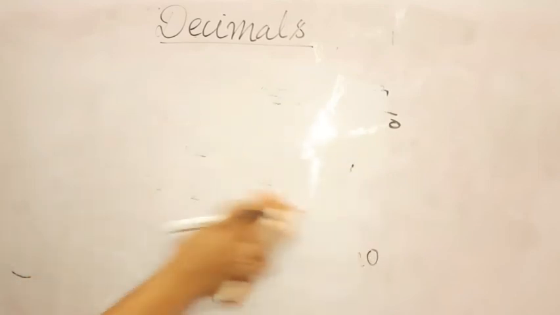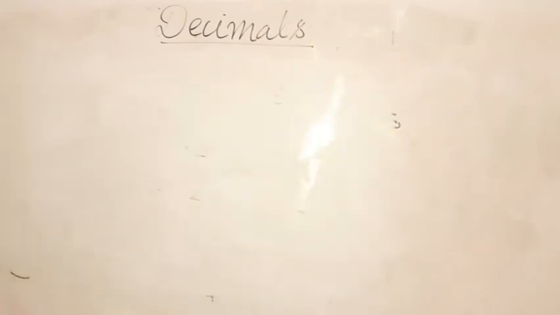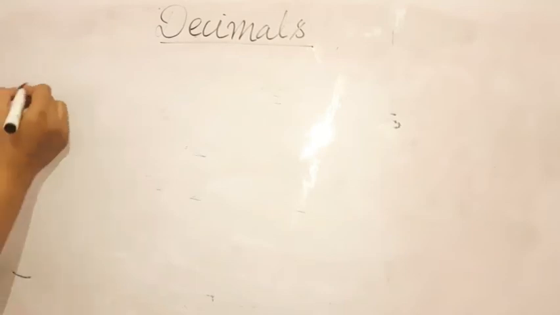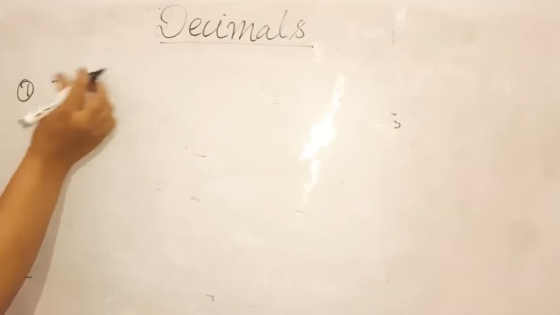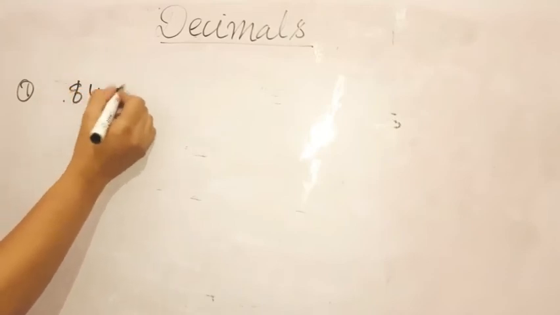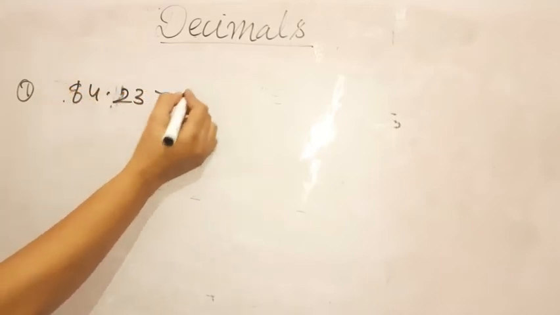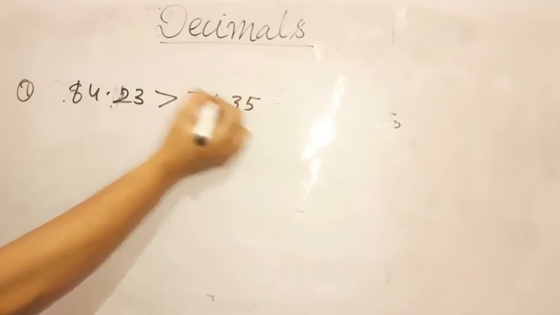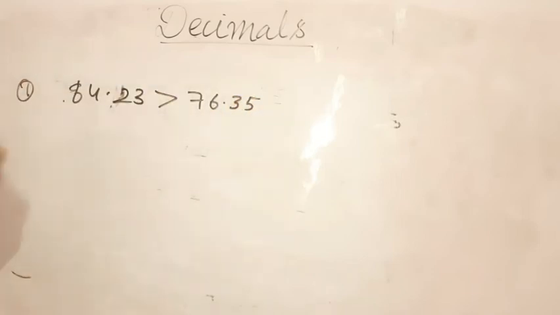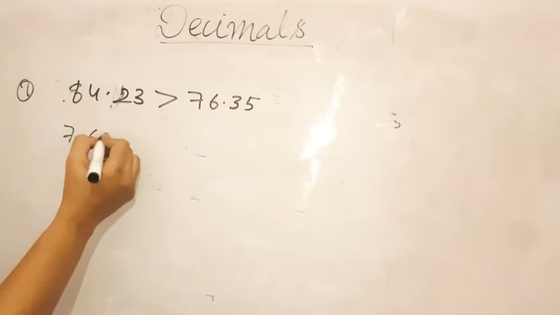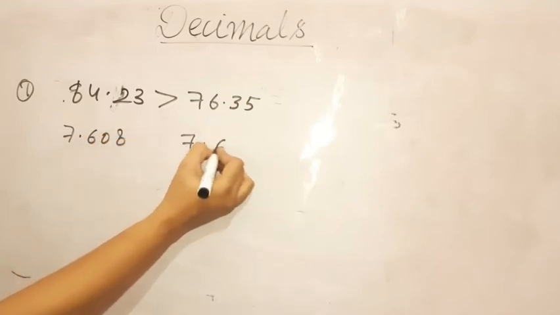Now students, let's move on to the next question, that is question number 6. Fill in each of the placeholders with the correct symbol. You have to compare the decimal numbers. So in the first option, 84.23, 76.35. Obviously 84.23 is greater than 76.35. Second option, 7.608 and 7.68.